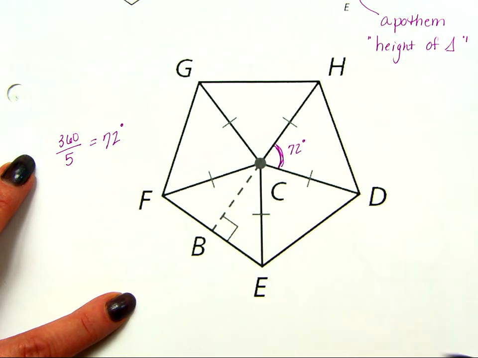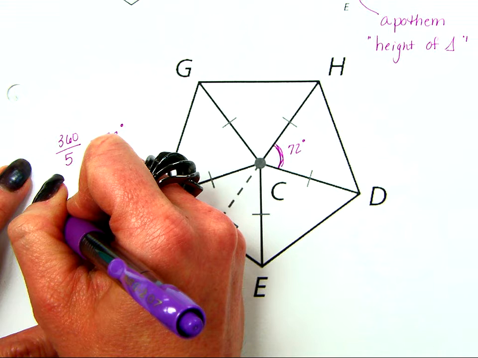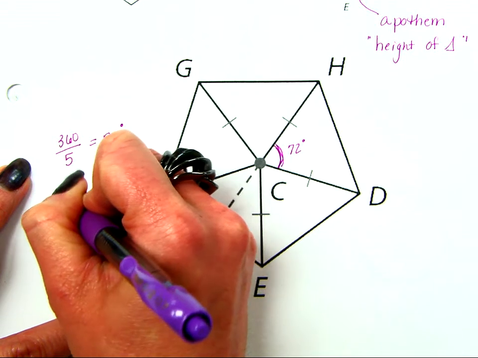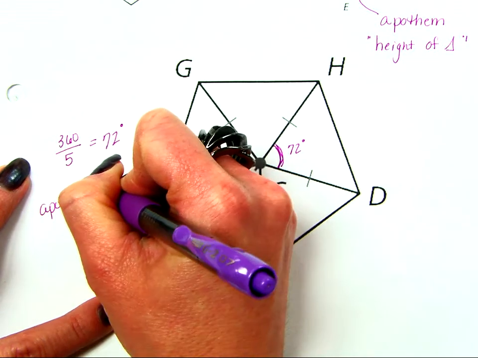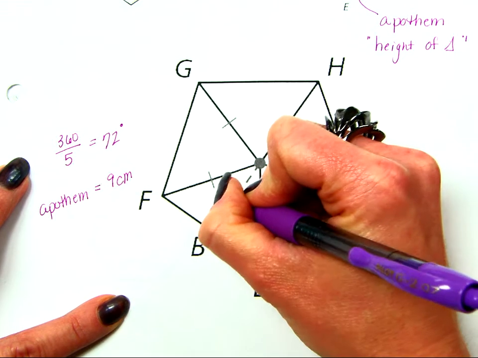Now, I'd have to be given at least one measure in order to work off of to find the area. So in this particular picture, the apothem is going to be 9 centimeters. Okay, so I'm going to label this 9.